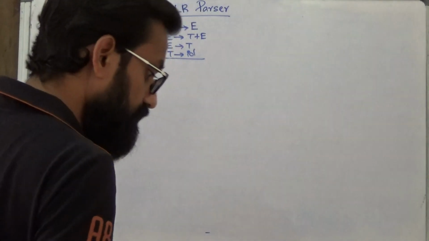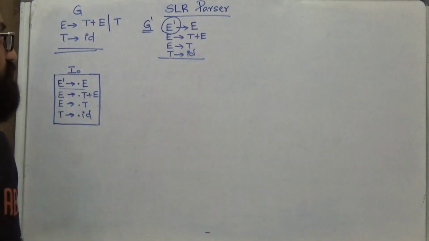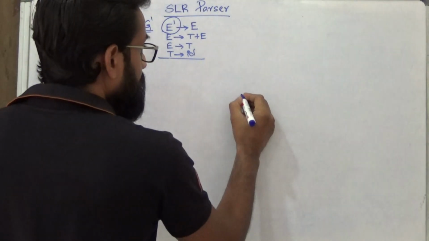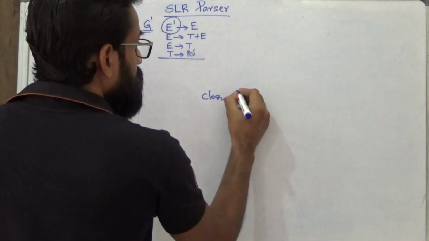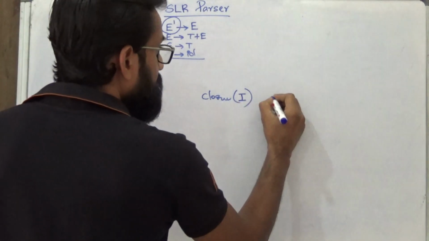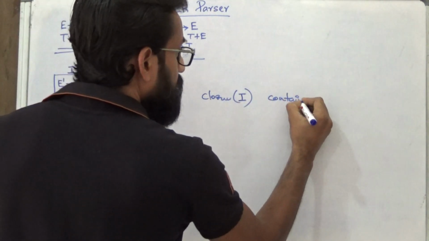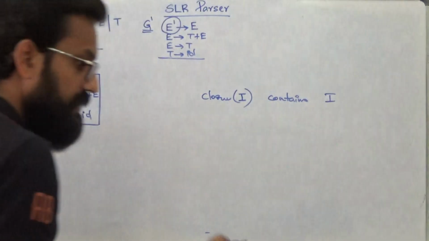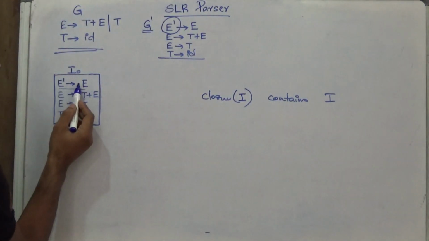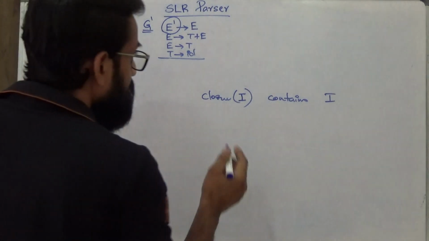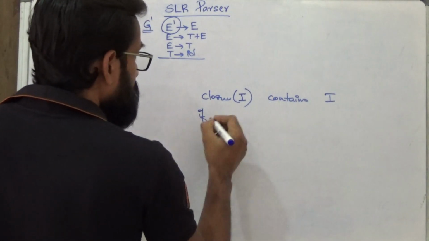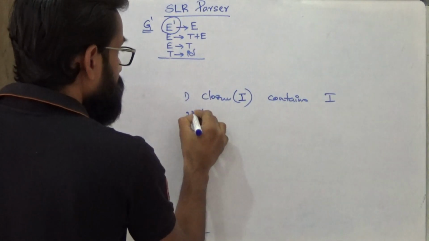I can formalize computation of closure like this. If I take any item I, closure of I contains I. So if I take E dash giving dot E, that itself belongs to closure of that item set. So this is the first rule.